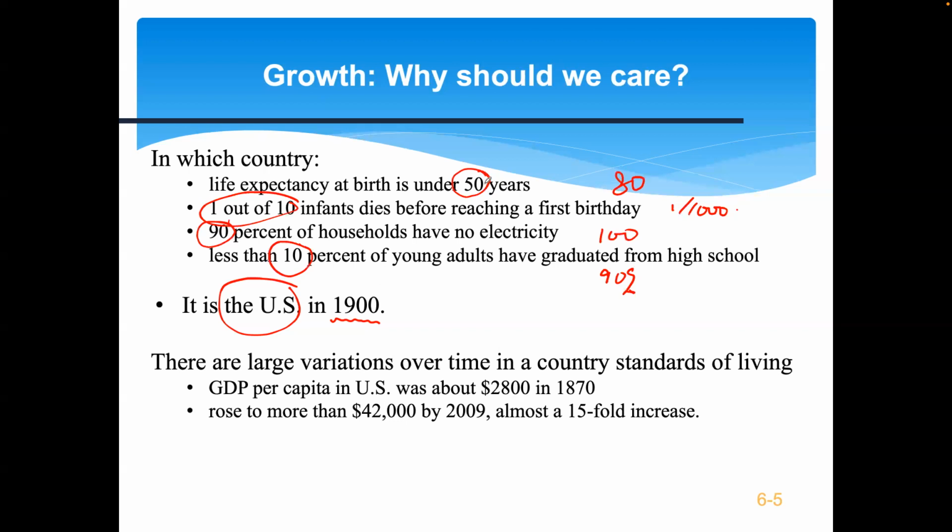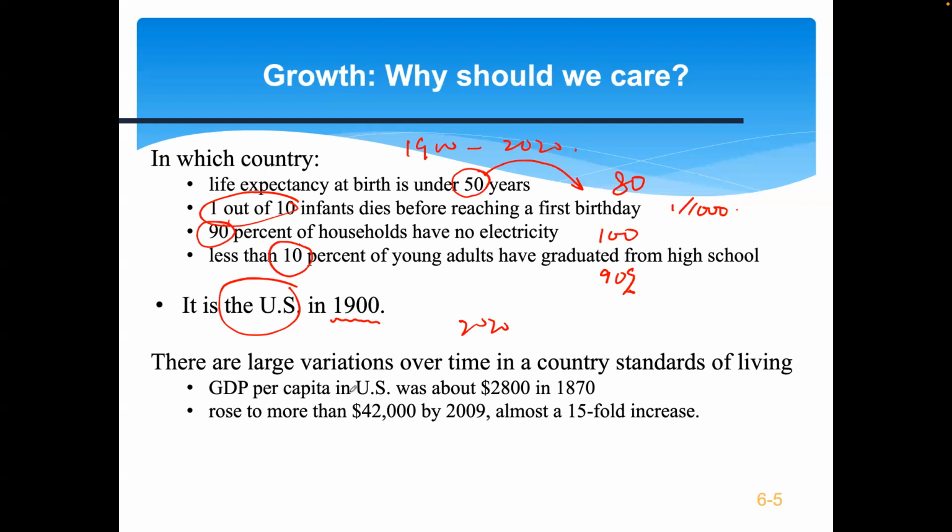But what is behind these numbers, or what is behind this change? That's the main topic of this class, and we call it economic growth. Here we just look at the US, comparing 1900 to 2020. But similarly, we can look at a given time period, say 2020, and compare different countries.